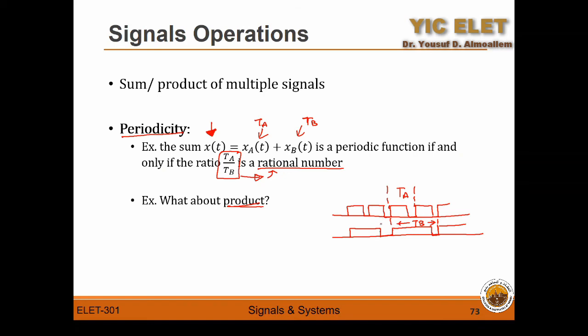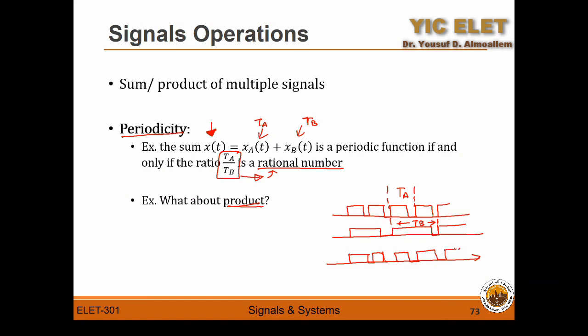If we multiply both of them, let's say the high is 1 and the low is 0, both the same. So we will have this one 0 and this one again, then this will be neglected, then again this one and this one will be the same.